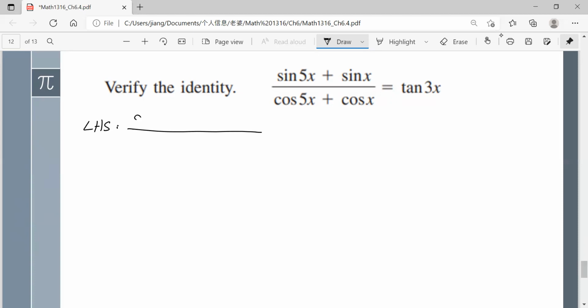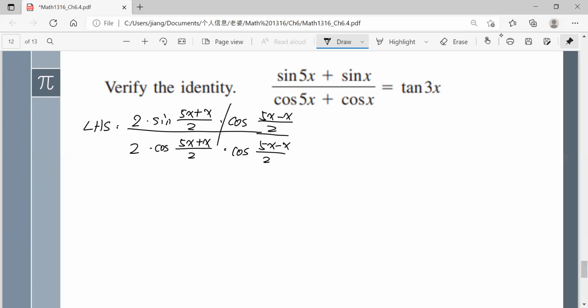That's 2 times sine of 5x plus x, times cosine of 5x minus x. The bottom one is cosine plus cosine, so that is 2 times cosine of 5x plus x, times cosine of 5x minus x.